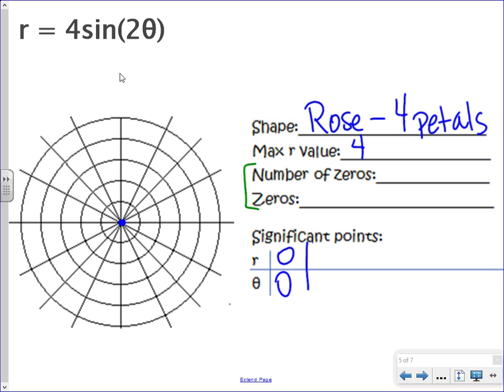And if they are length 4, what value in this equation would represent the 4? If each of them have length 4, what does that represent up there?